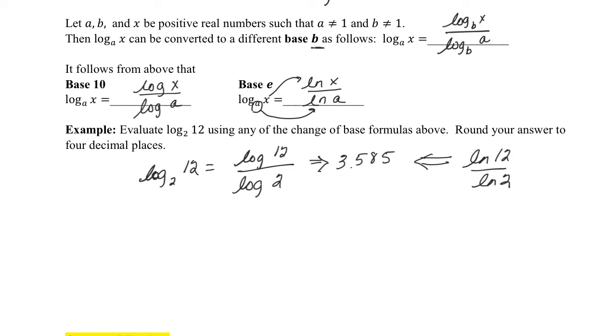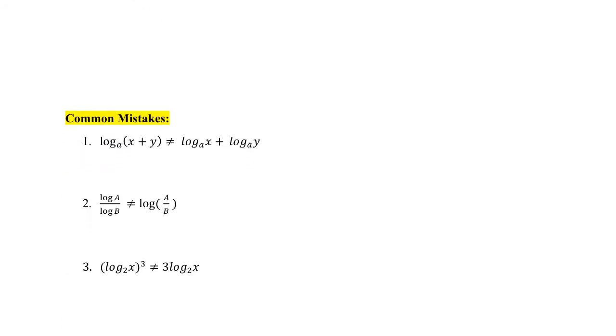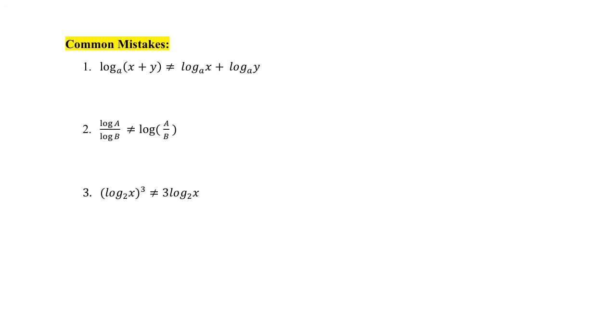Okay, so let's talk through some common mistakes quick that students make all the time so that hopefully you won't make those mistakes. The first one is that they will tell me that the log base A of X plus Y is equal to the log base A of X plus the log base A of Y. Now remember, we already talked about there are no log rules, no laws of logs for addition and subtraction within the problem.